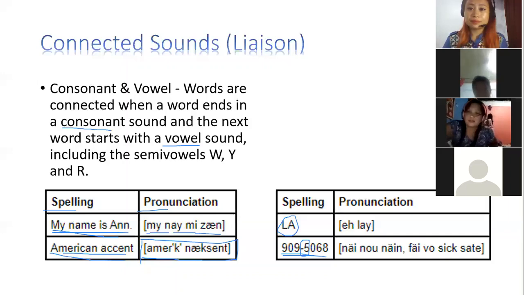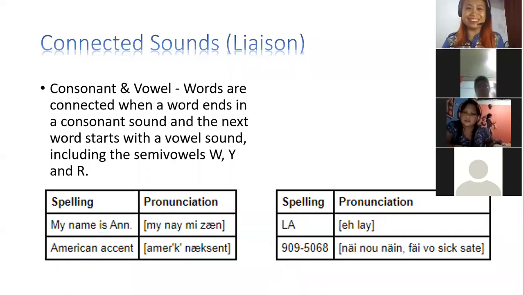I'm curious, the one you're using now is American accent? Yes, this is American accent, because I'm more familiar with it. British English is a little bit hard, it's really far from the Filipino language.